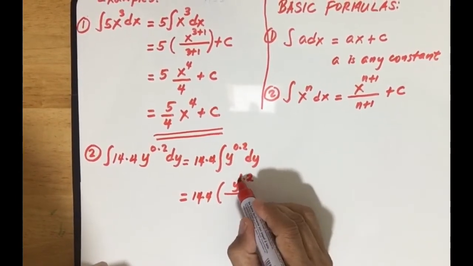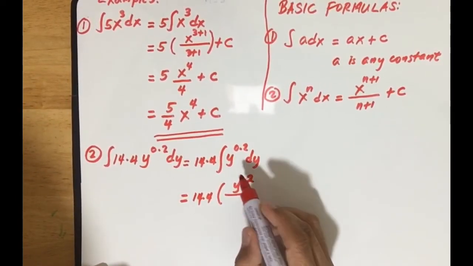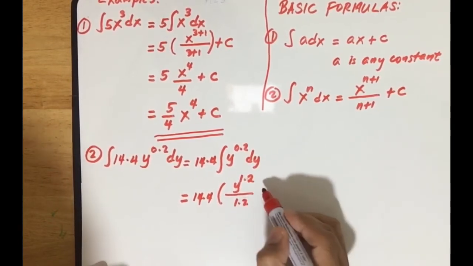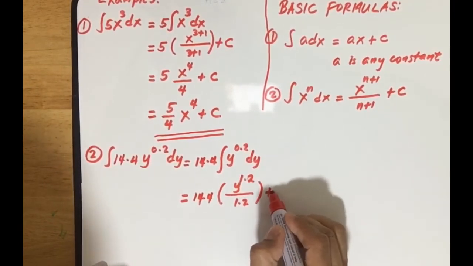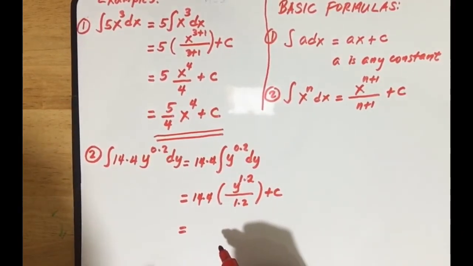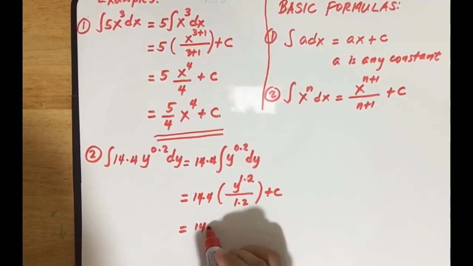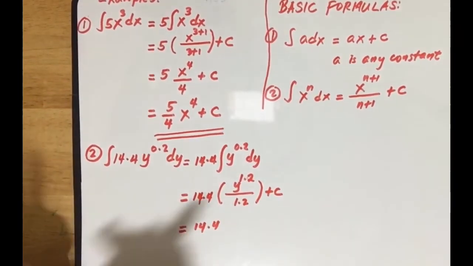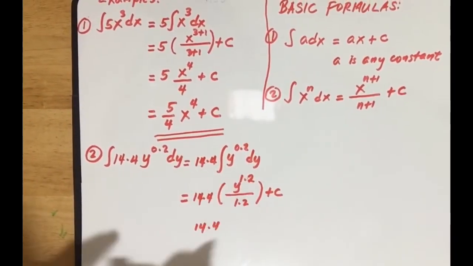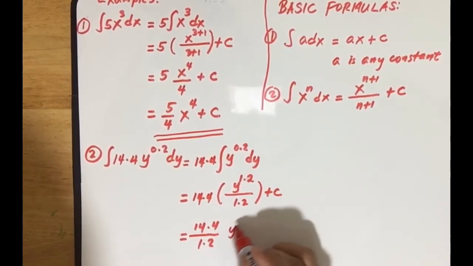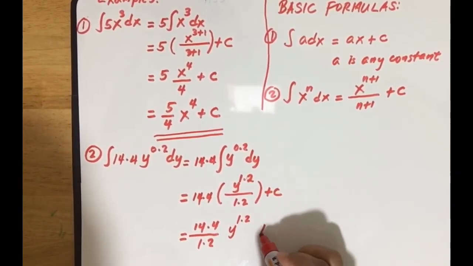Then the denominator is n plus 1, where our n is 0.2, so 0.2 plus 1 is also 1.2. Then plus c. This is the same as 14.4 divided by 1.2 times y to the power 1.2 plus c.